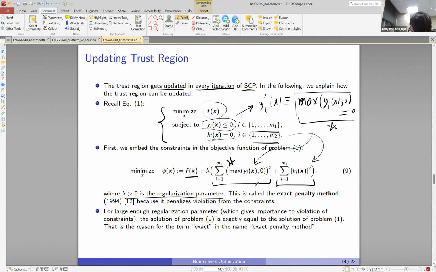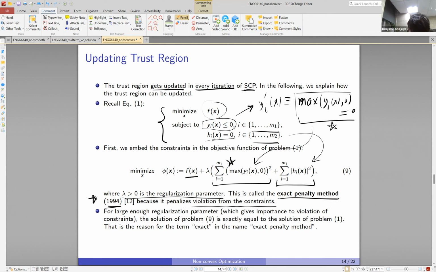Also, this technique is called exact penalty method, proposed in 1994, because it penalizes the violation from the constraints. So this is the soft penalty technique or regularization technique, which here we can call exact penalty method, proposed in 1994. Okay.